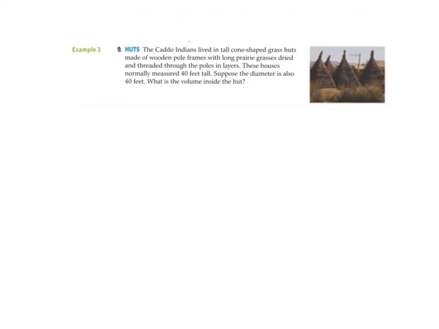Okay, so again, let's have a look at example 3 in its real life. It says that the Caddo Indians live in tall cone-shaped grass huts. So the moment you see it's a tall cone-shaped, your formula is going to be V equals 1/3 pi r squared h. Okay, so again, calculator job, 1/3. I'm putting everything in parentheses again, pi. The radius, it does tell you that the diameter is 40.